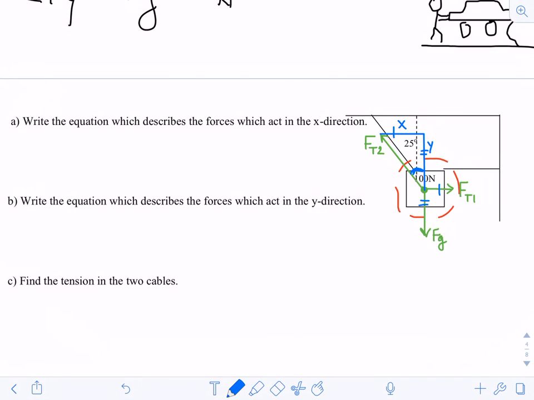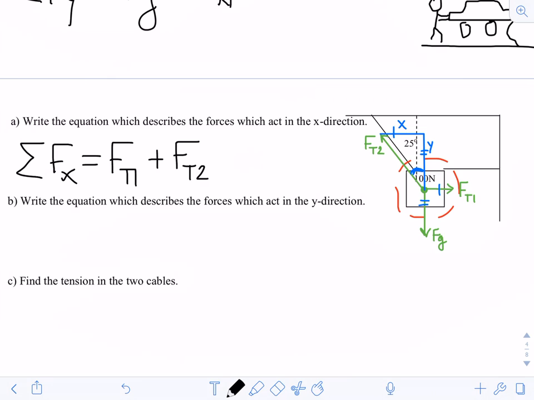So we're going to start with writing out that force equation. We'll start with the x direction. What are all the forces that are just acting in the x direction? Well, tension in cable 1 is just acting in the x direction. And then part of the tension from cable 2 is just pulling in the x direction, right?